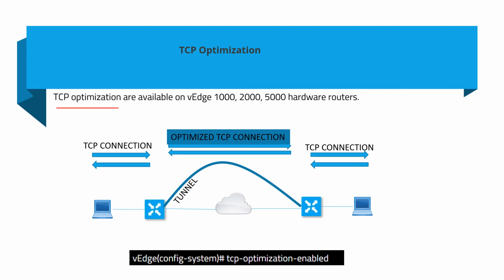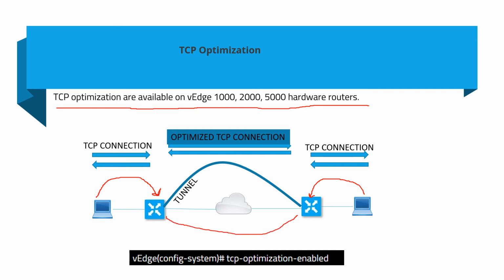However, TCP optimization is available on VH 1000, 2000 and 5000 hardware routers. From the host to the SD-WAN, that's my regular TCP connection. From the other host to its SD-WAN, there is also going to be a regular TCP connection. However, between these two SD-WAN devices, I'm going to have an optimized TCP connection with a higher buffer.